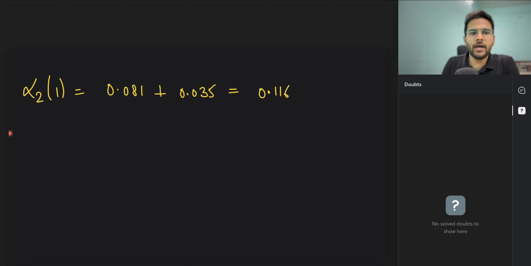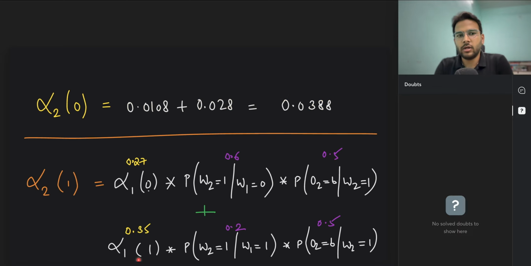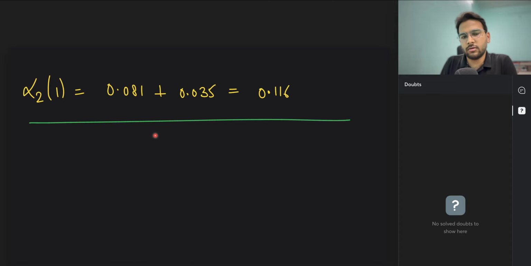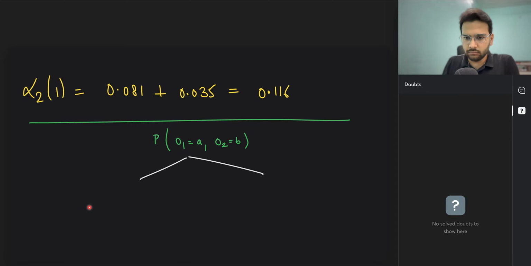Now, let me ask you one thing, let's see if you can answer this or not. When we are talking about the joint probability distribution, when O1 is equal to A, O2 is equal to B, and when I'm splitting this up, W2 should also be there, right?